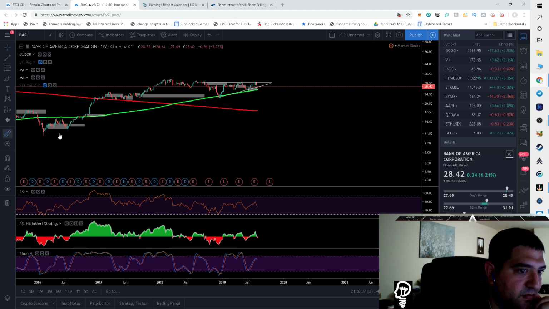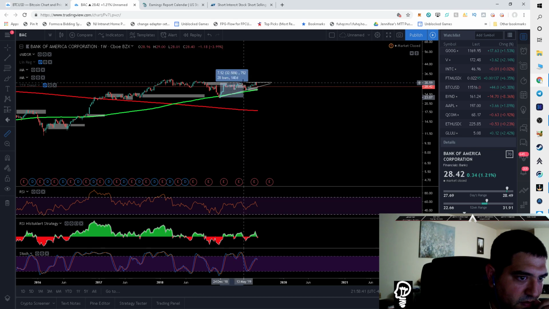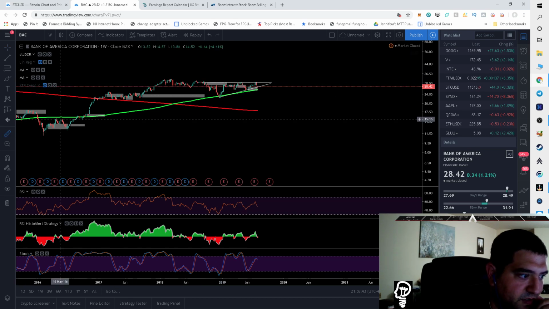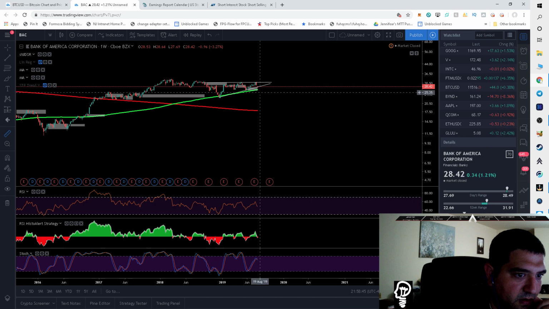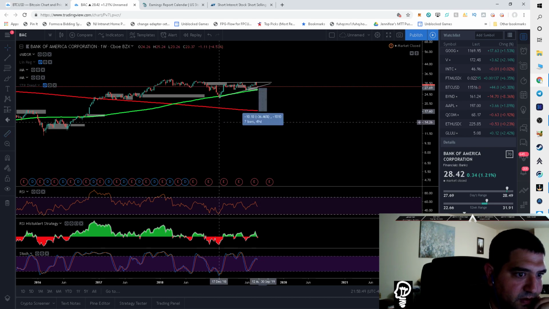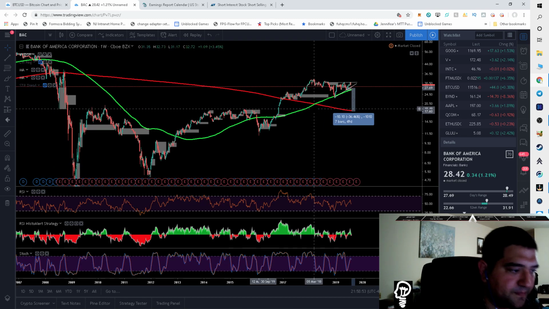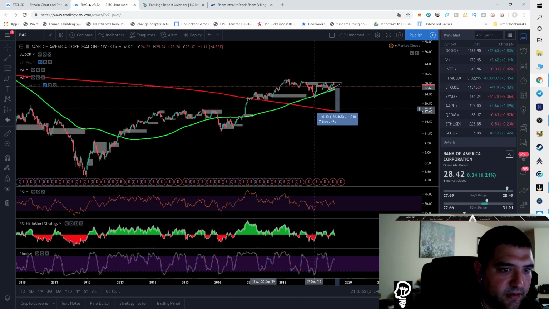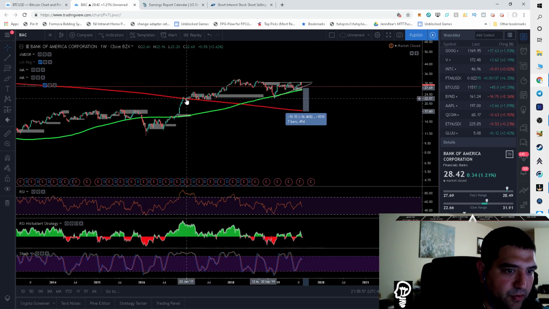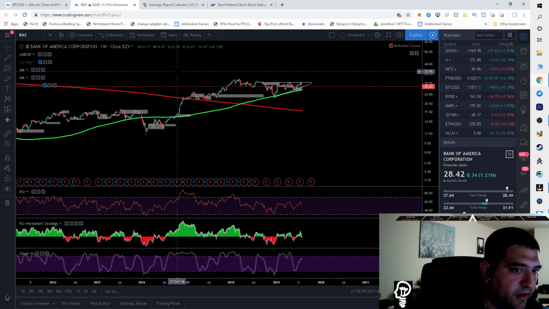Looks like your measured move is 30 or so percent to the upside, unless you bust down and retest the bottom of the golden cross that you got in March of 2018. But we got support here at 22.